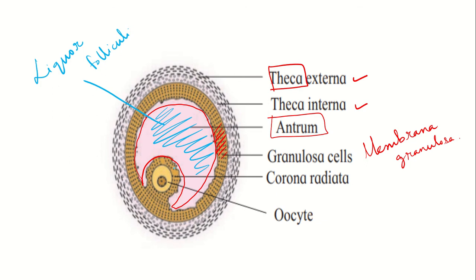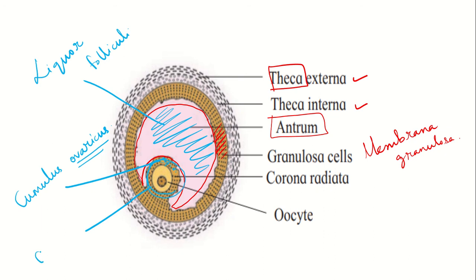Just near the cavity, there is another type of cells known as cumulus oophorus. These cumulus oophorus cells further develop to form a different layer of cells known as the corona radiata layer.